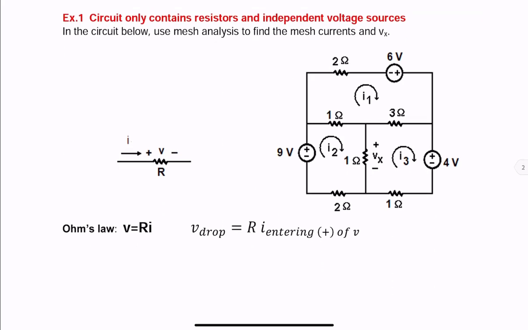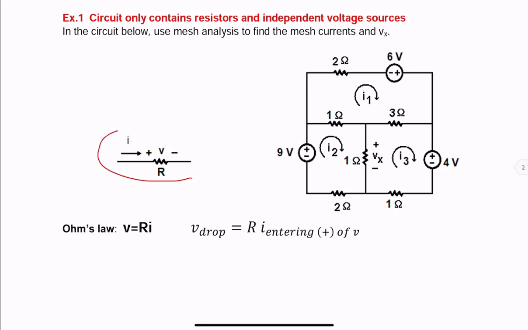In our first example, we only have resistors and independent voltage sources. This is the simplest possible case for mesh analysis. As I mentioned, we use voltage drop and passive conventions.